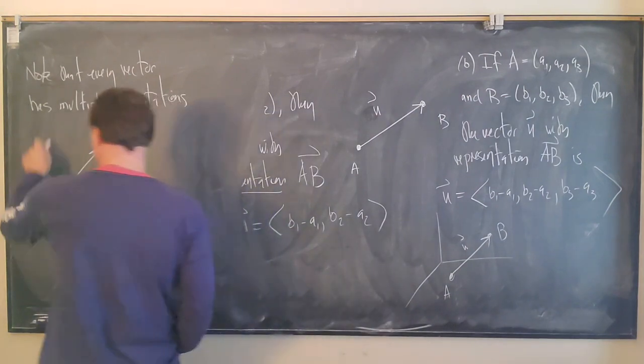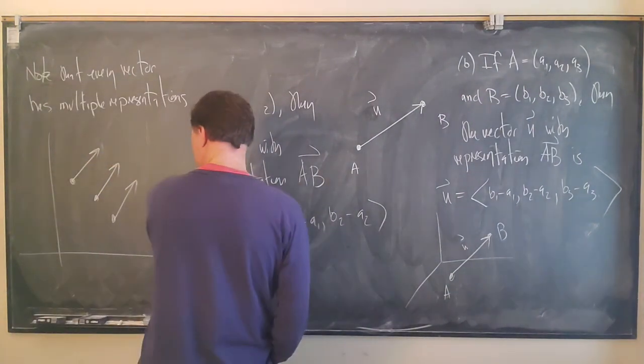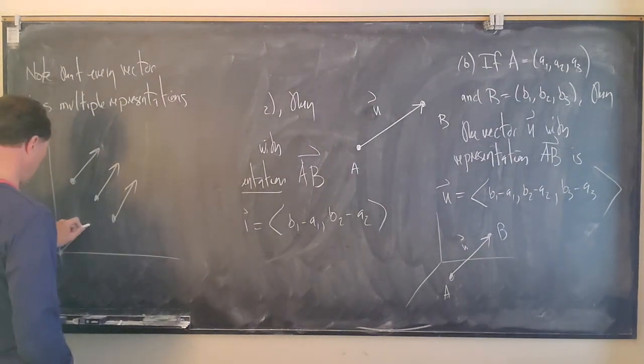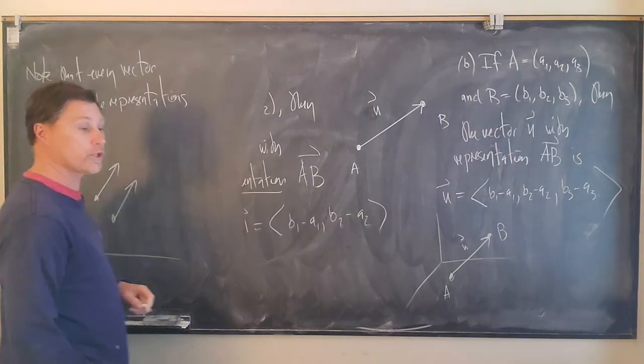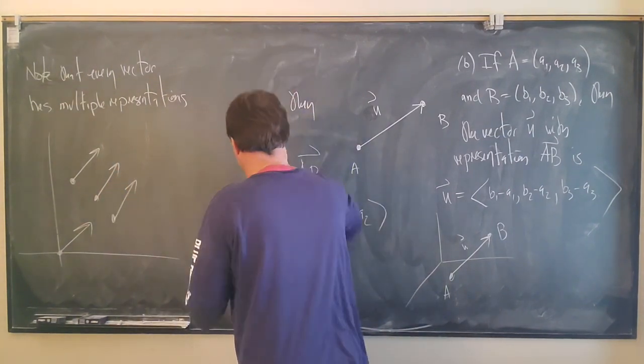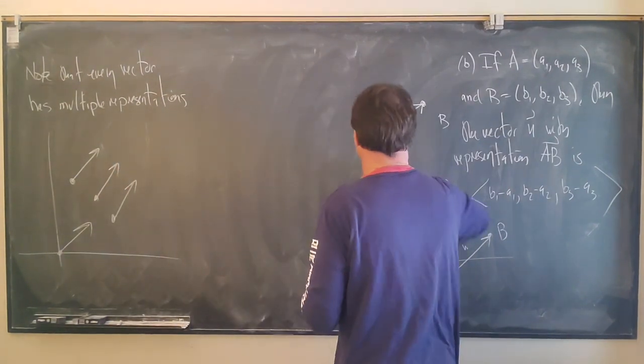Now, if you're in either R2 or R3, there will then be a representation of your vector that emanates from the origin. Right? And that representation has a special name. It's called the position vector of the vector u.